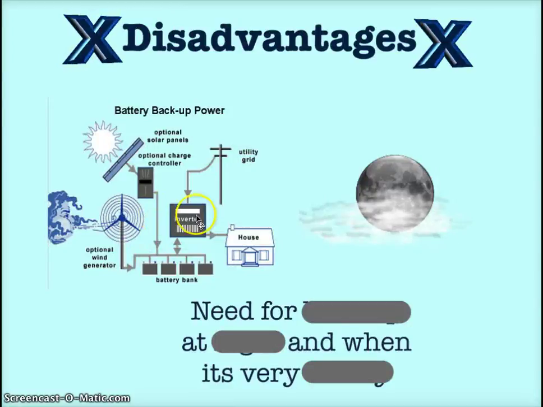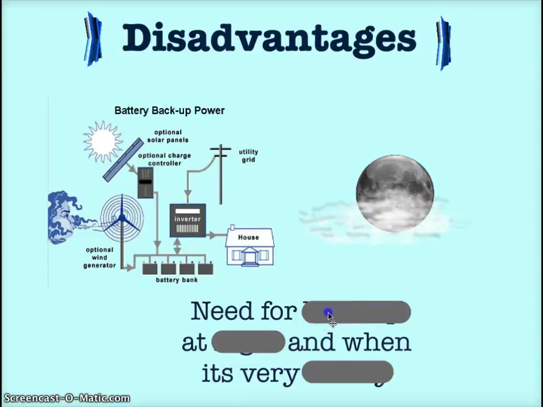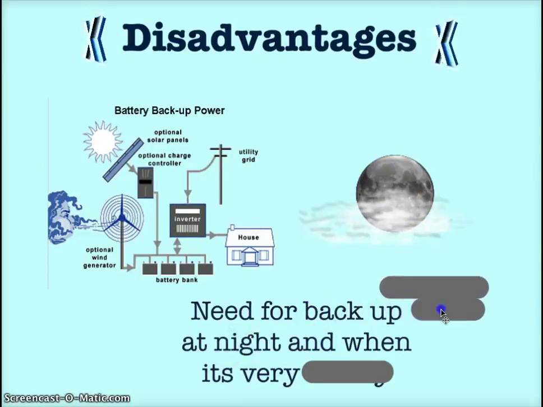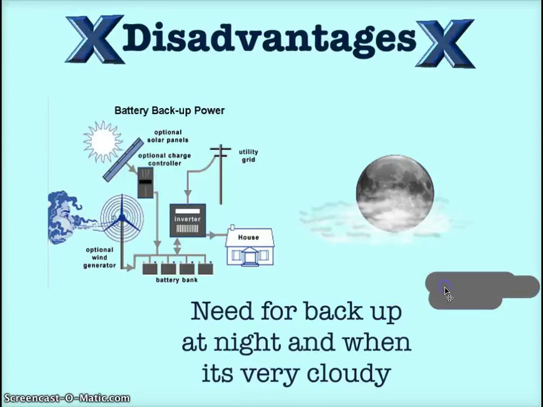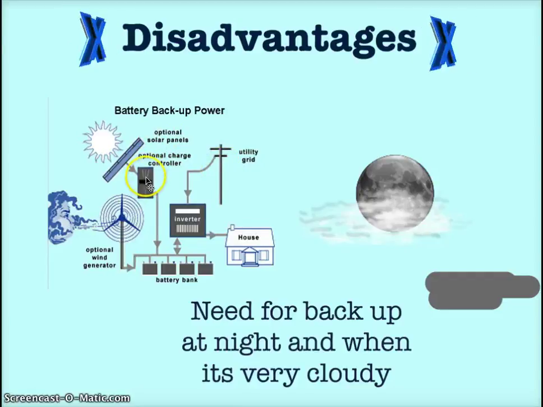Disadvantages, you got clouds, you got nighttime, and the system doesn't work without direct sunlight. So there's going to be a need for a backup, especially during the hours of the night. So a lot of people will still be connected to a utility grid in order to produce power. There's also technology being converted so that you can store this power that you collect during the day, especially in massive heat days or where the sun is shining bright.